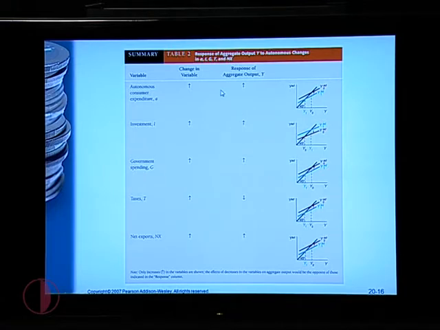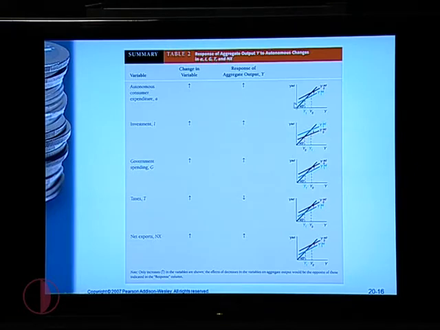Here we are trying to summarize the response of aggregate output Y to autonomous changes in A, I, G, T and NX, that is net export. This is the change in variable and the response of aggregate output Y. When autonomous consumer expenditure A increases, aggregate output also increases, as we saw in the previous diagram.